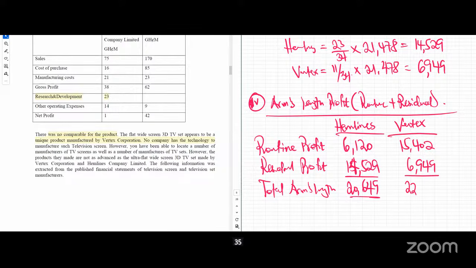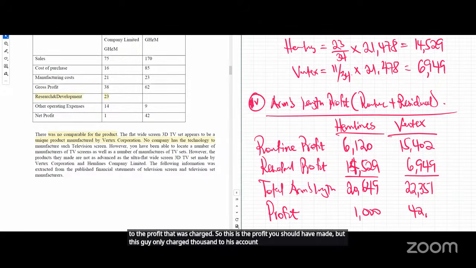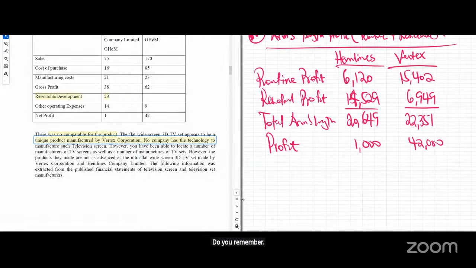Right? Okay, so now that we have this, the next thing we have to do is compare this to the profit that was charged. So this is the profit you should have made, but this guy only charged 1,000 to his account, and this guy charged 42 to his account. Do you remember?